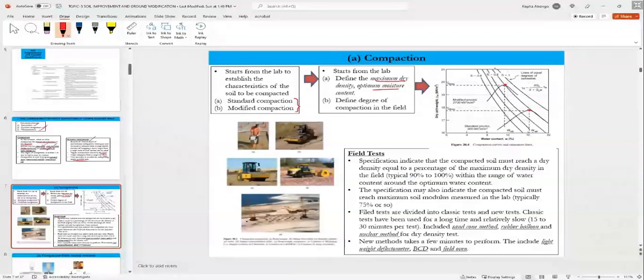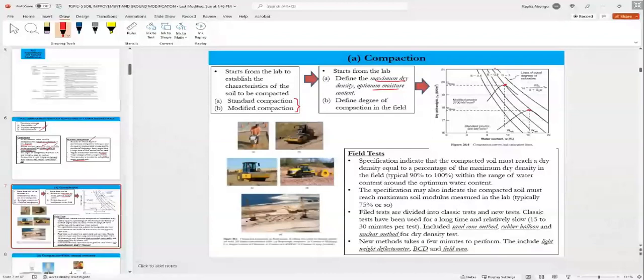Now, once a compaction criteria is set in the lab, you need to specify a range of values in the field. Usually, you will specify between 90 to 100% as a target in relation to what we achieved in the lab.